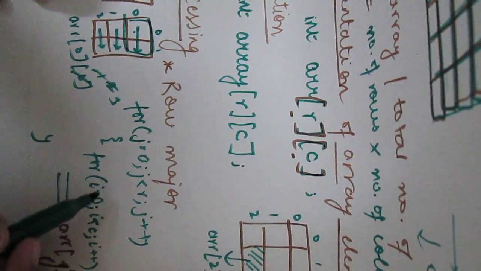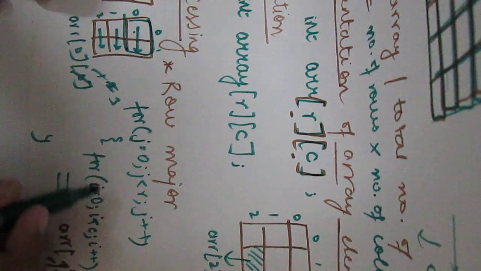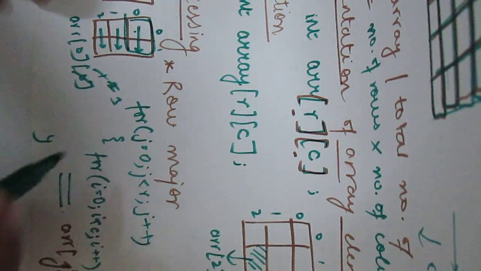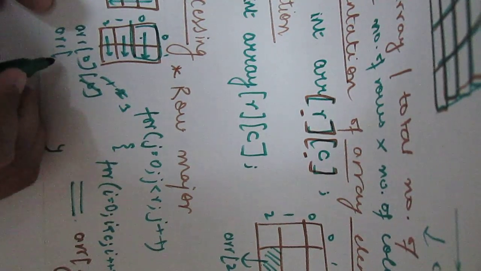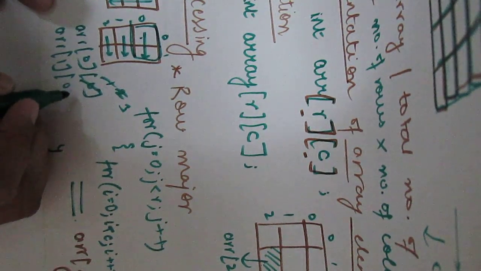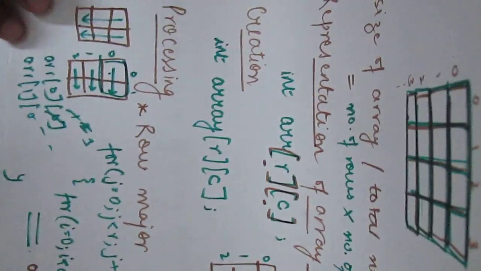So we can say that we are accessing every column of a particular row at a time. When the inner loop finishes, j will increment and then we'll come inside the loop, and again I is equal to 0 to I less than c, I plus plus will traverse I 0, 1, 2, 3 and so on, and this process goes on.